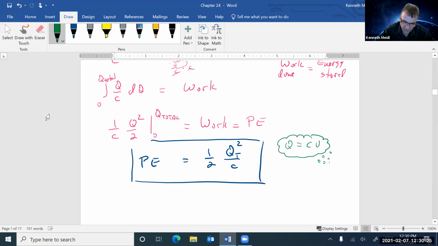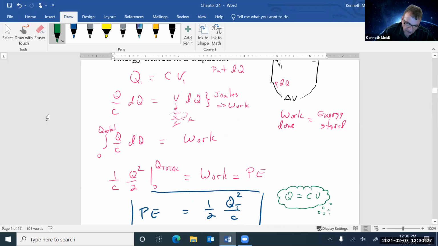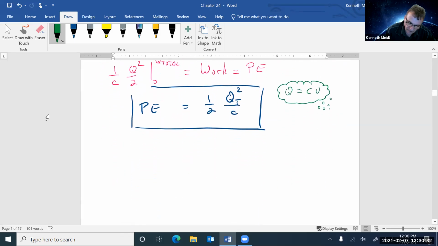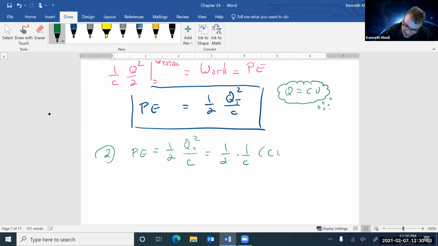And so what did I do? I called this up here number 1. And I'm going to come down here and call this number 2. My potential energy is 1/2 Q total squared all over C. What I'm going to do is take out Q and in its place put C times V from here, and it gets squared.